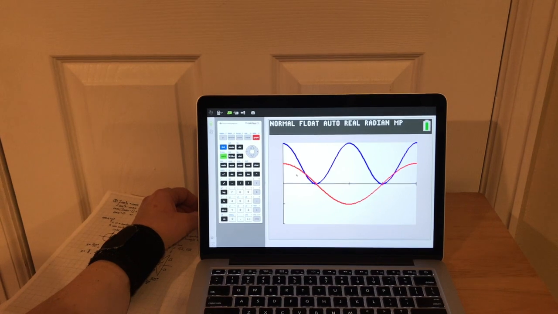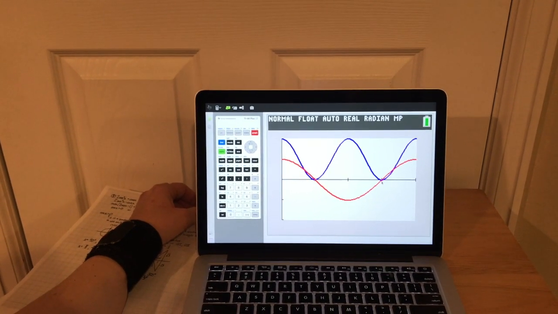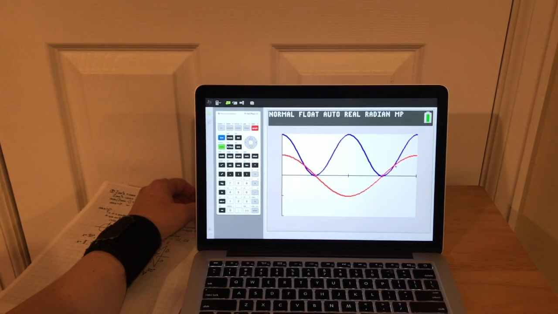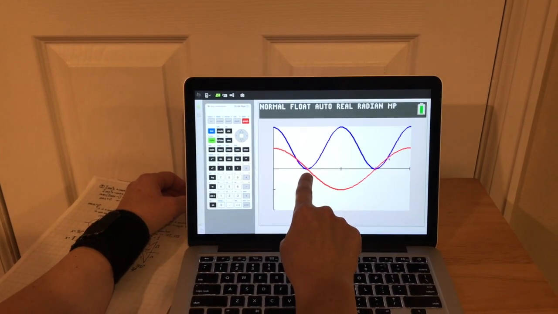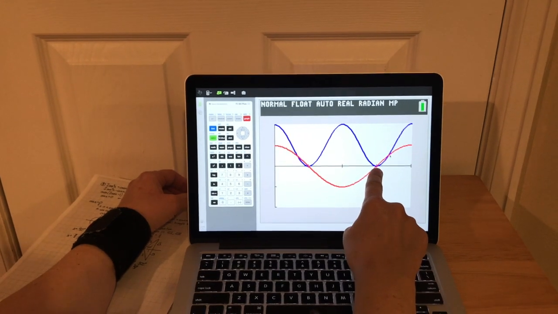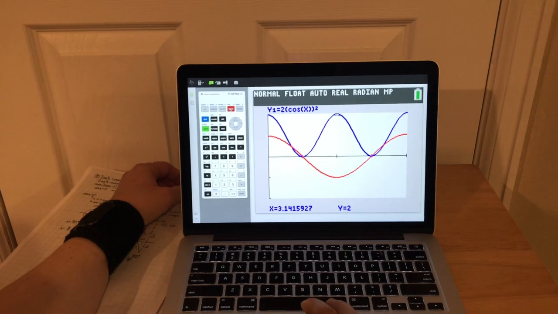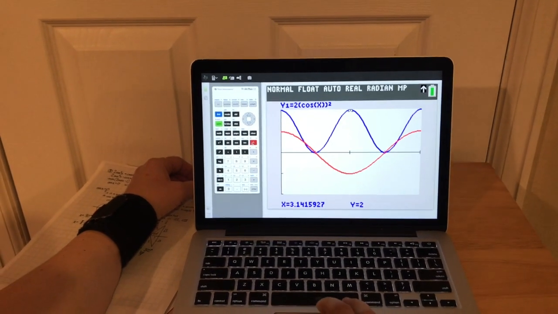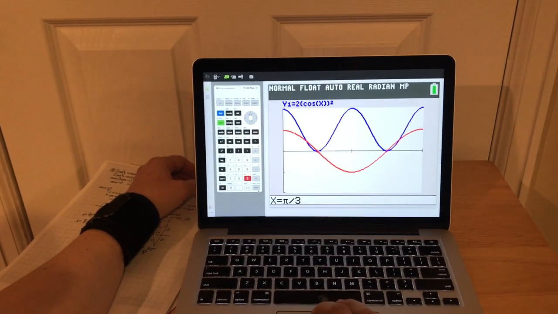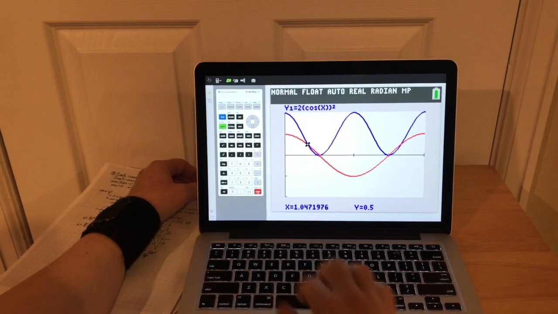Now what I see is I see 1, 2, 3, 4 points of intersection. One is at pi over 2, here's one at 3 pi over 2, and my other 2 choices, one was pi over 3, so I can check for that by typing in pi over 3, and that's this intersection point right here.